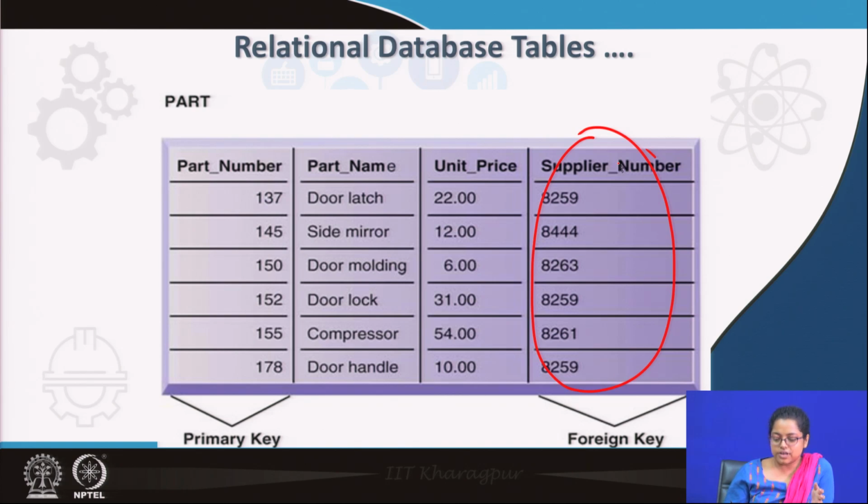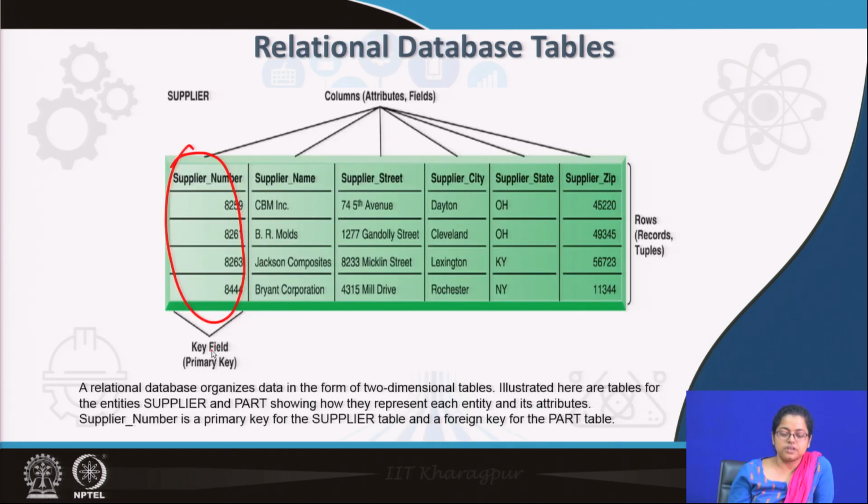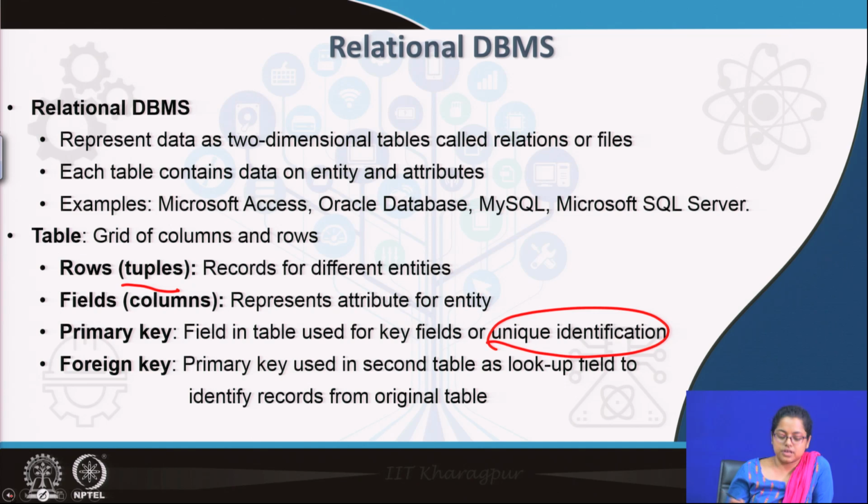It is called a foreign key because this attribute, supplier number, in the part table is used to look up or match the supplier number in the supplier table. So this lookup column is called the foreign key. The foreign key is the primary key used in the first table that is used in the second table as a lookup field to identify records from the original table, as you see here. I hope this concept is clear.